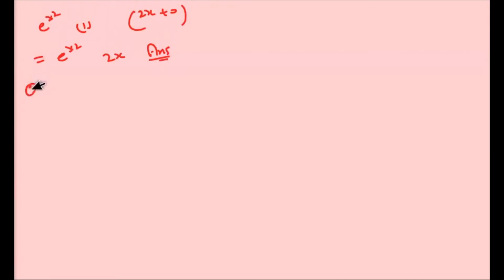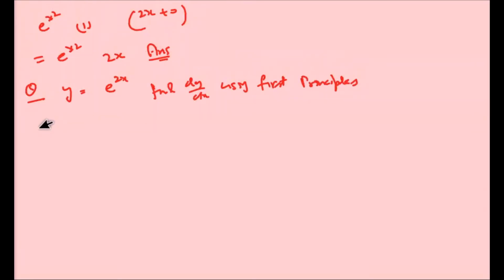So next question, y equal to e to the power 2x. Find dy by dx using first principle. So we can write again dy by dx equals e to the power (2x plus h) minus e to the power 2x upon h, h tends towards 0.